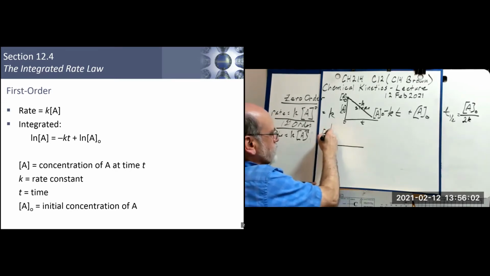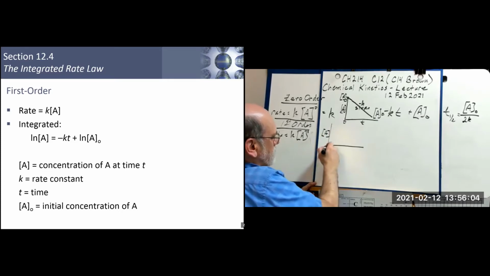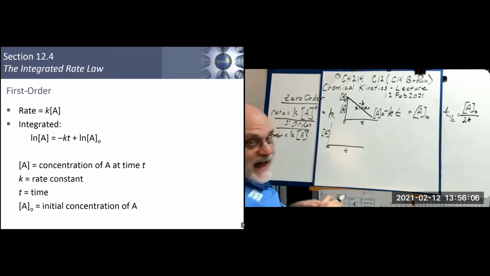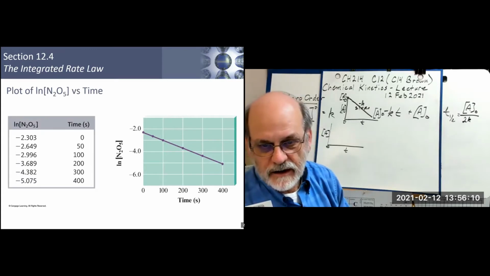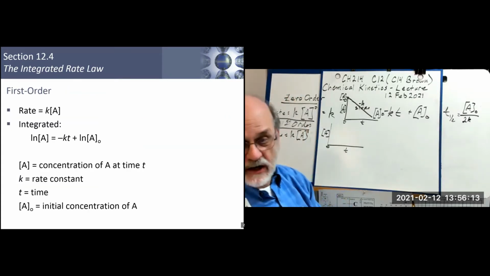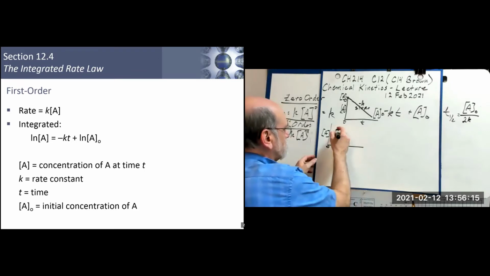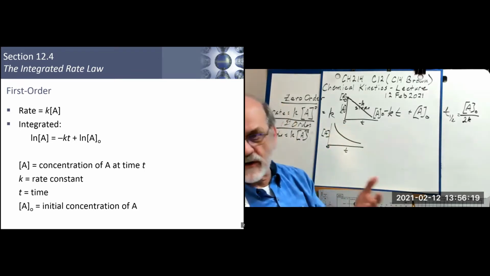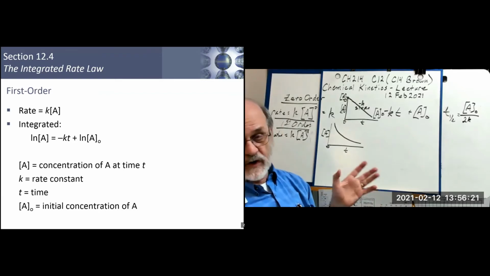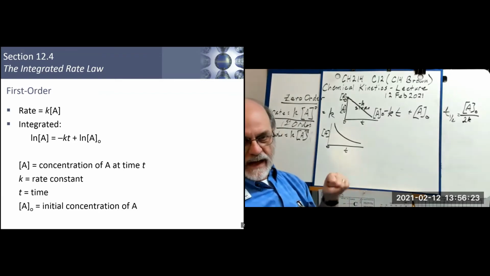Well, if you graph just the raw data against time, you get a curve. And that curve varies depending on the reaction, but you don't get a straight line. And scientists hate curves.